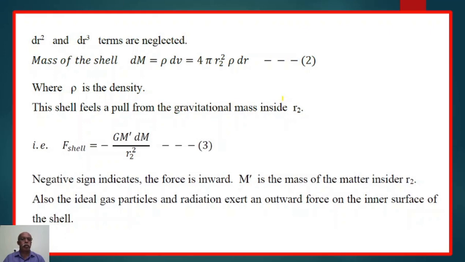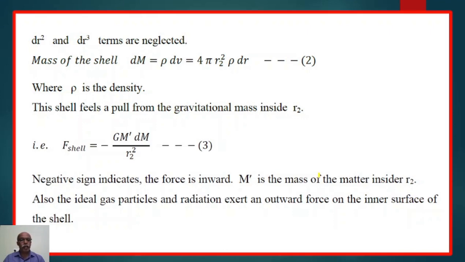The gravitational pull will be towards the center of the star on this shell, and that gravitational force is given by F shell is equal to minus G m dash dm divided by R2 square. The negative sign indicates that the force is directed towards the center of the star, and m dash is the mass of matter inside the sphere of radius R2.